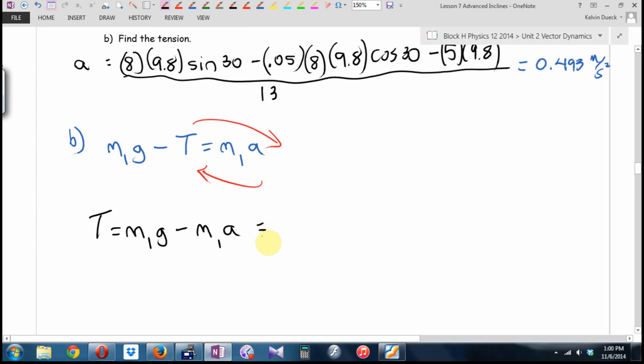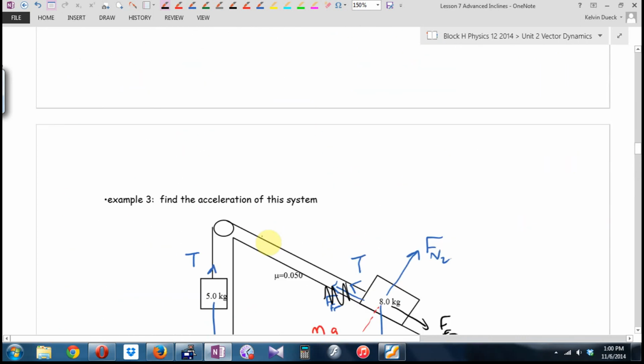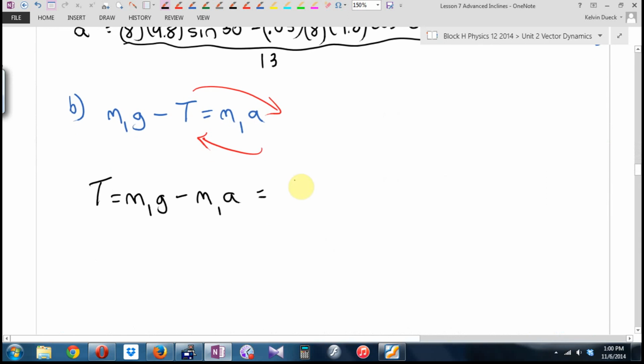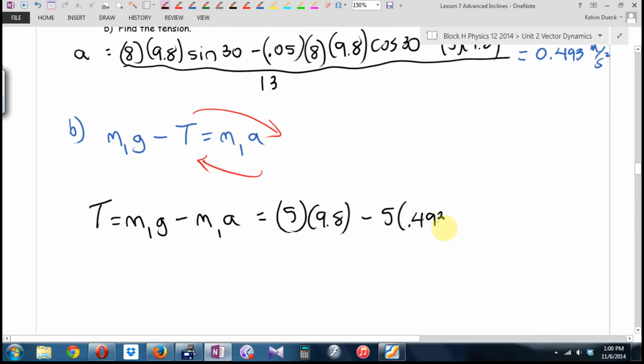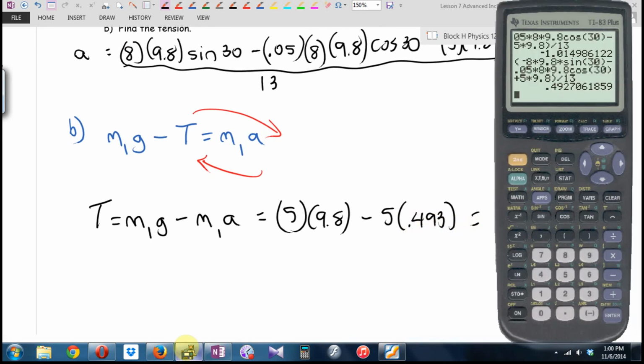It's going to be M1, what was it, 5? Five times 9.8 minus 5 times the answer button. And I get 46.5 newtons.